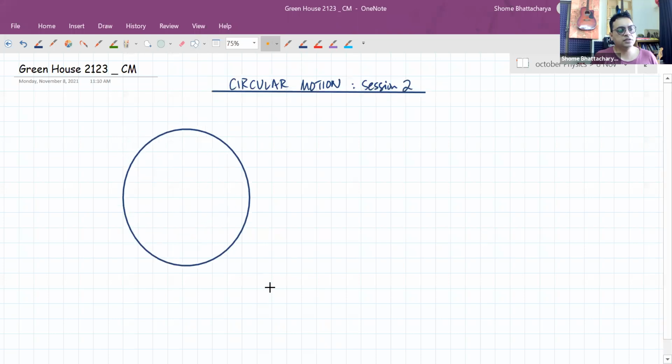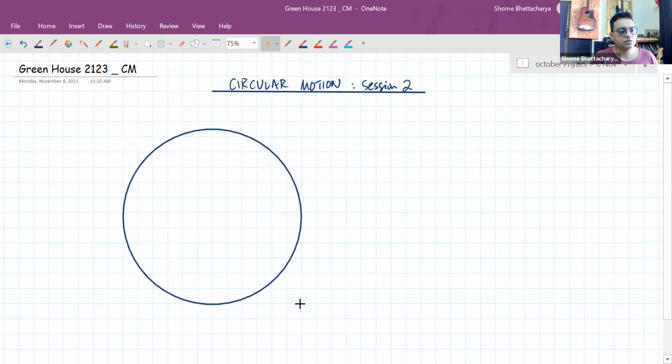So we had seen that circular motion is defined as a motion in a two-dimensional plane such that the distance from a particular fixed point remains constant.